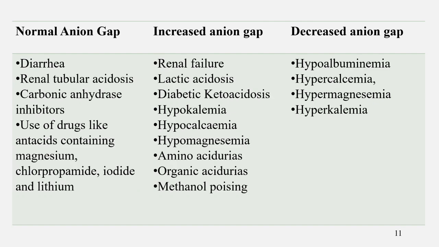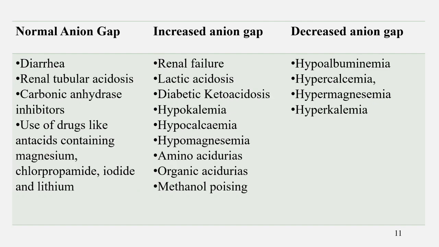Increased anion gap causes are renal failure, lactic acidosis, diabetic ketoacidosis, hypokalemia, decreased calcium levels, decreased magnesium, amino acidurias, organic acidurias, and methanol poisoning.